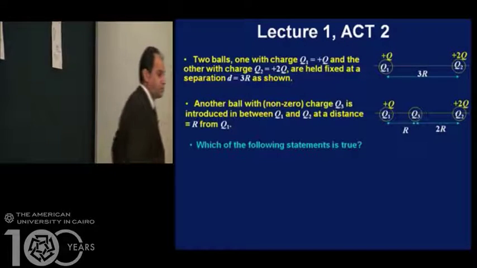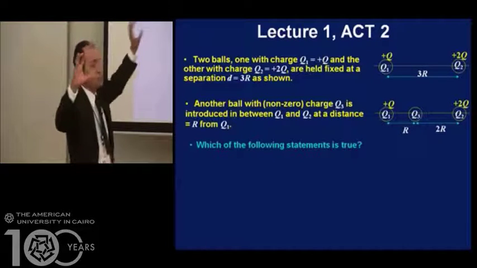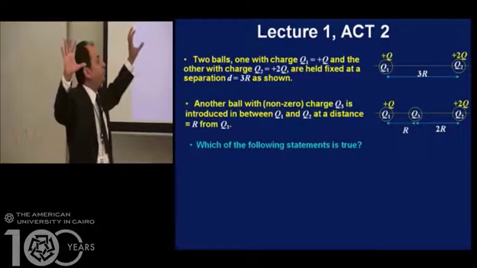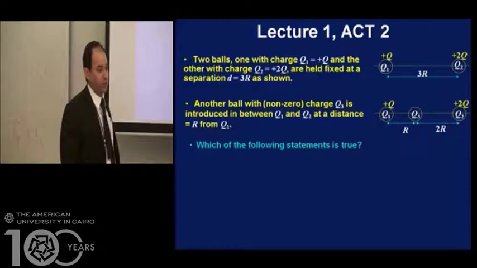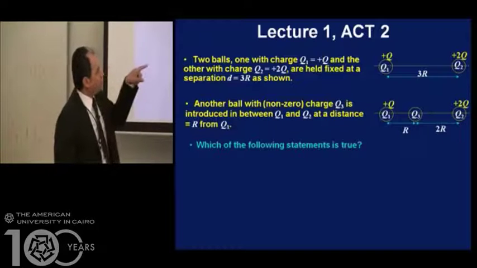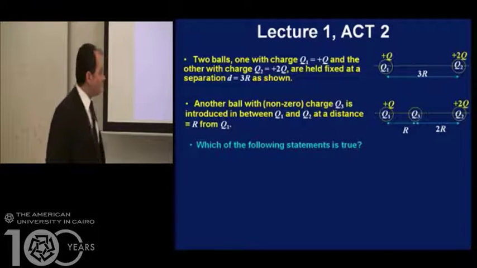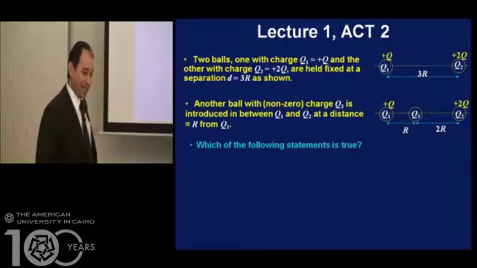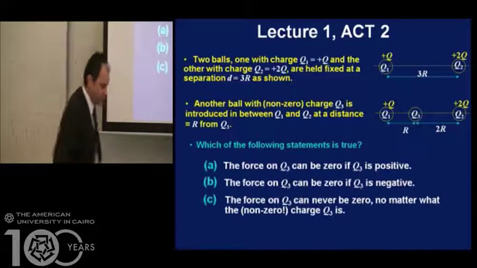Okay, simply we have two charges, Q1 and Q2. Q1 has a charge of positive Q, and Q2 has a charge of positive 2Q, so double the amount of the charge on Q1. You insert a charge Q3 somewhere between them, at a distance r from Q1 and at a distance 2r from Q2. Which of the following statements is correct?